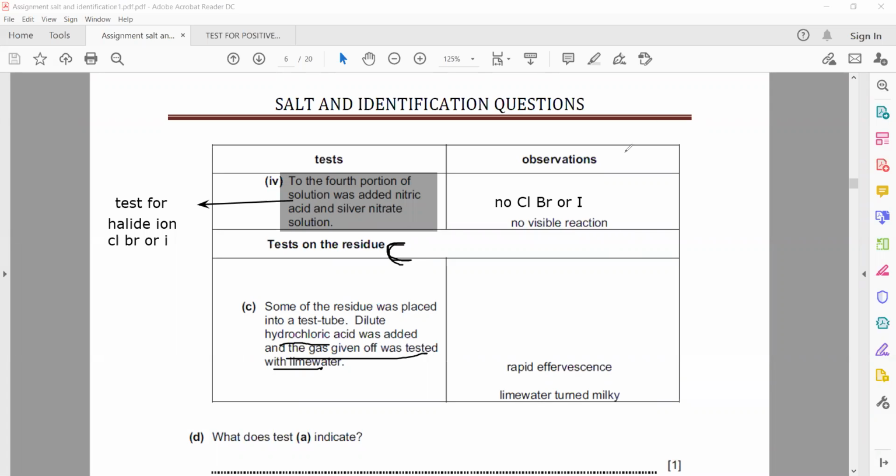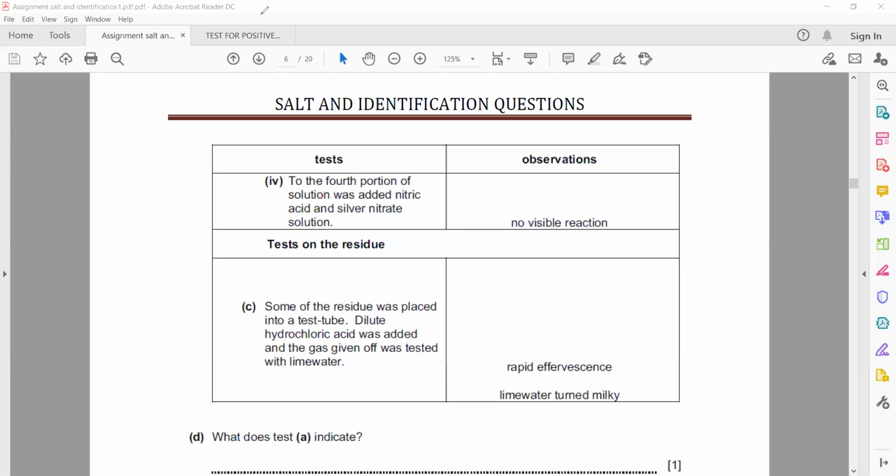When an ion is there, we call it iodide; when a molecule is there, we call it iodine. Here, carbon dioxide gas is given off when you add an acid, which means this substance is a carbonate. So C is a carbonate, but we don't know with which metal. We identify it because we add acid and it gives rapid effervescence which turns lime water milky. So it indicates a carbonate.